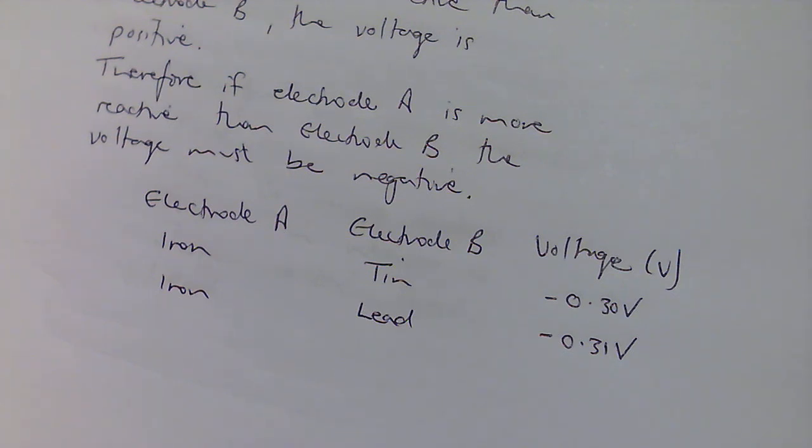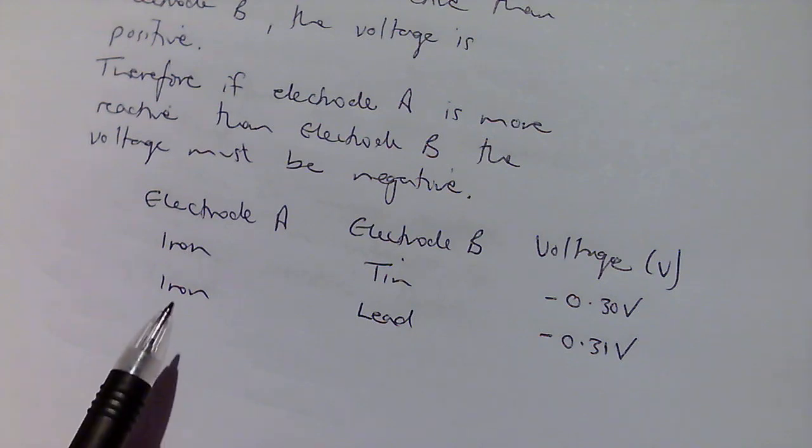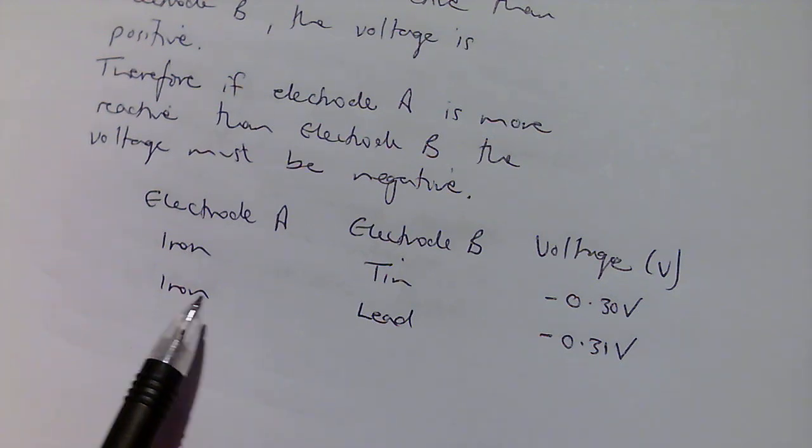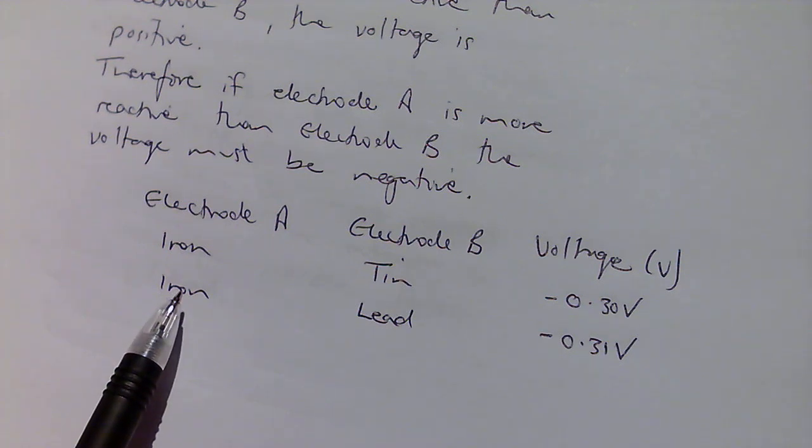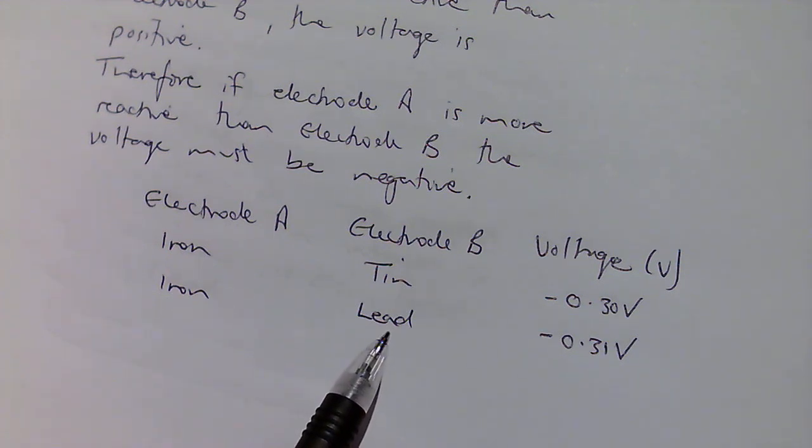Therefore, we can conclude that iron is more reactive than tin, which is more reactive than lead, because the difference in reactivity between iron and lead is bigger. So if that's higher up the reactivity series, then that must be lower down the reactivity series. So the order of reactivity is iron, tin and lead.